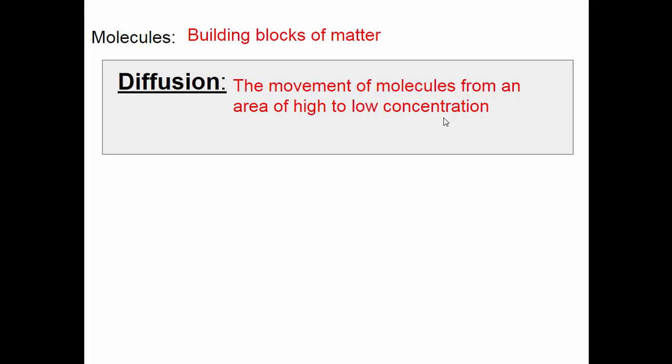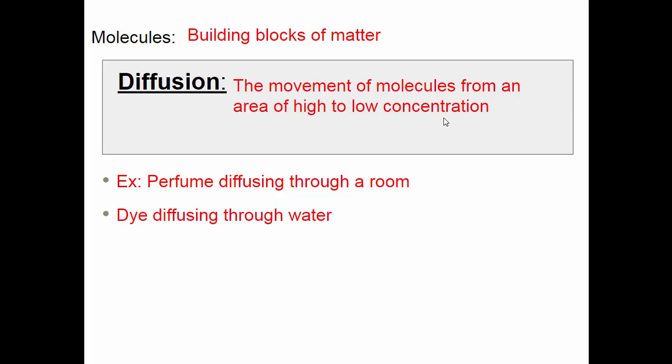And as they did that, they gradually started to spread out throughout this room until I was over here, and some of them actually got into my nose and I could smell that. Those molecules were diffusing from a crowded area in the corner to a less crowded area. That's what diffusion is. Or perfume, for example, diffusing through the room.